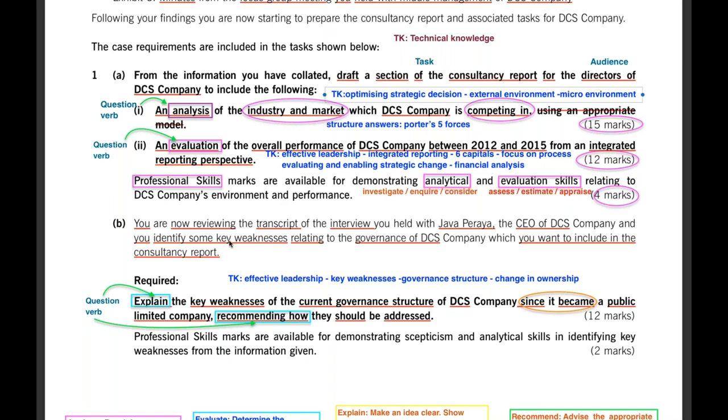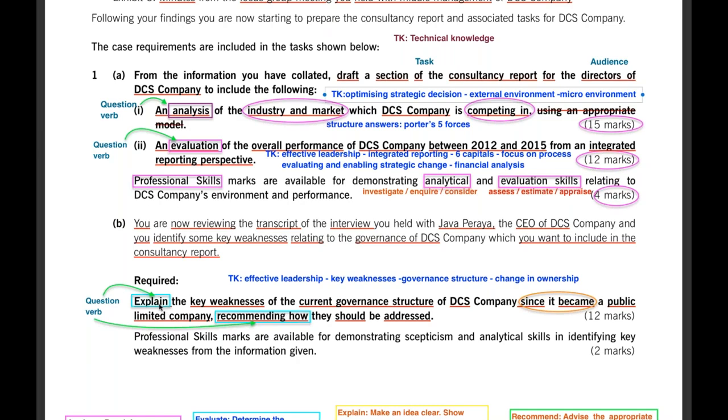So when it says weaknesses relating to the governance of DCS, automatically this tells you what? The technical knowledge must be effective leadership. But let's have a look at the requirement again.